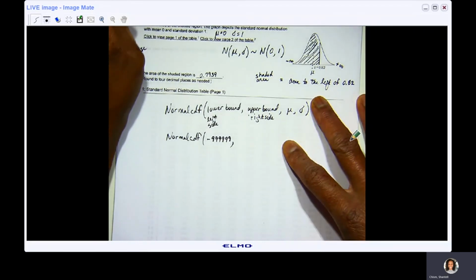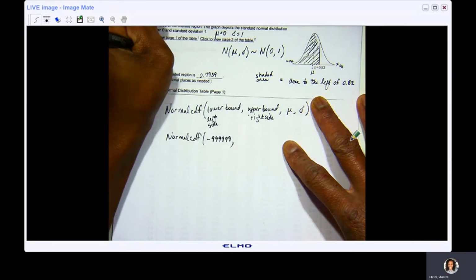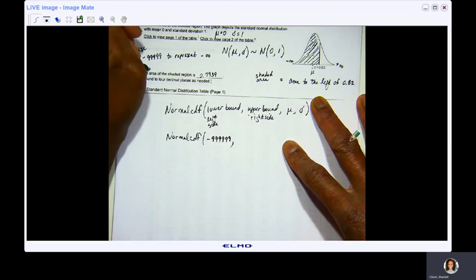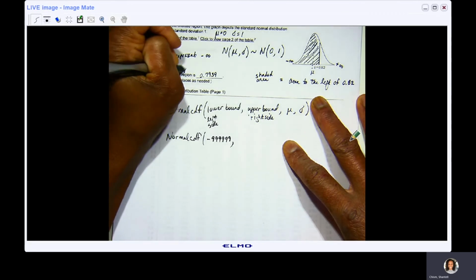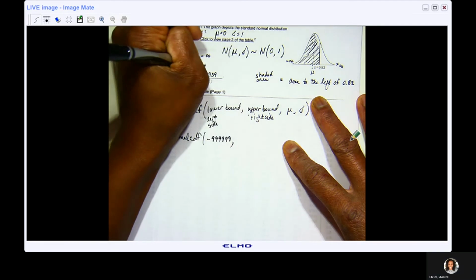Or you can use negative 1111. It's up to you. I like nines. Use negative 999 to represent negative infinity. And then, of course, if we had to, we would use positive 999 to represent positive infinity.